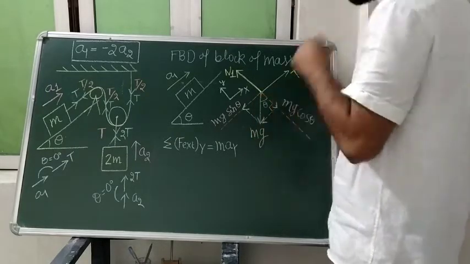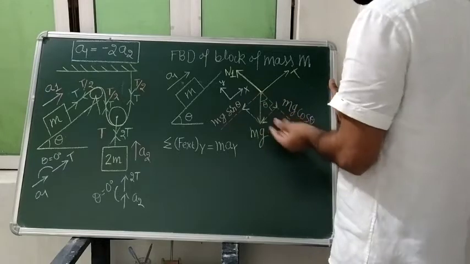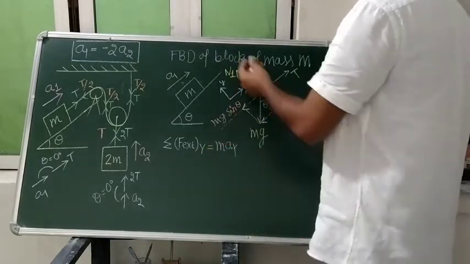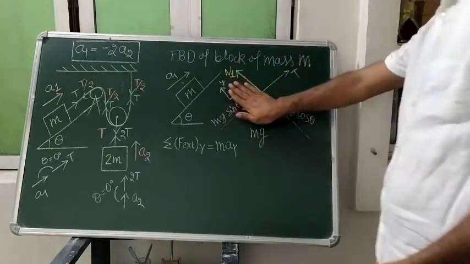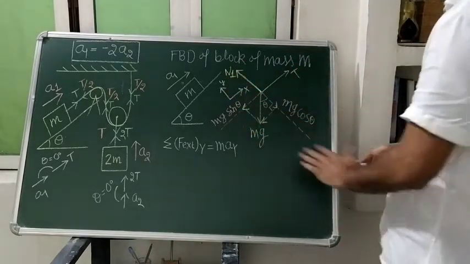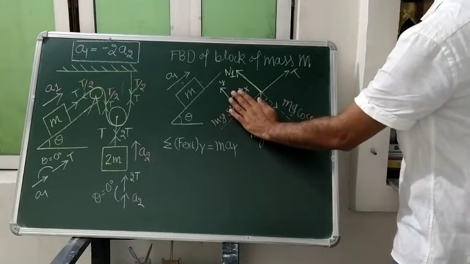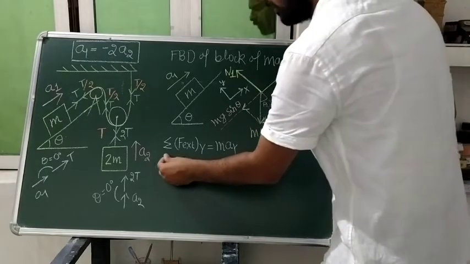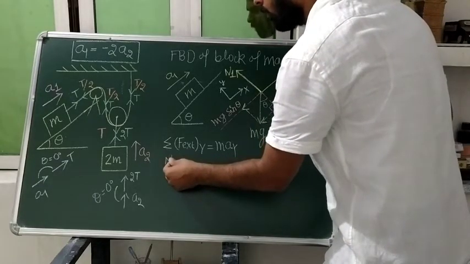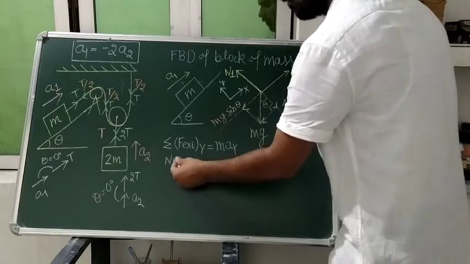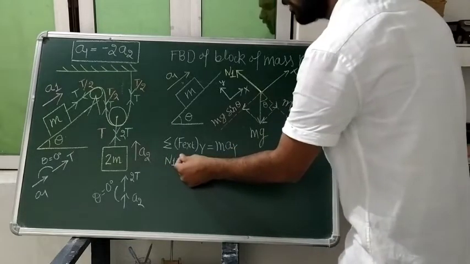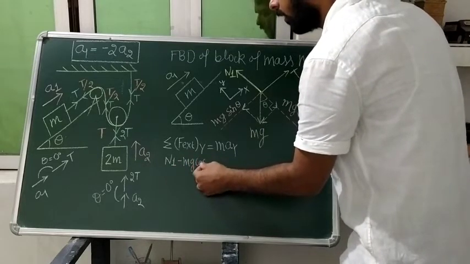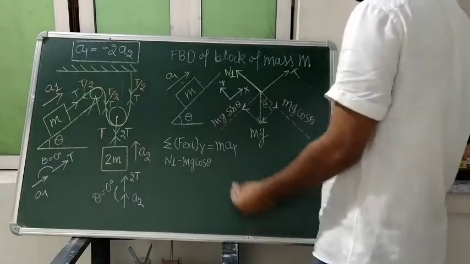So here when you look in y direction, no acceleration is present and the forces acting on it are n1 and mg cos theta. So upside is positive, so it will become n1 minus mg cos theta, that should be equal to what?